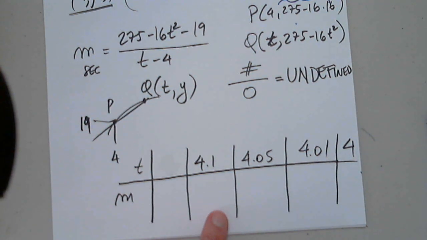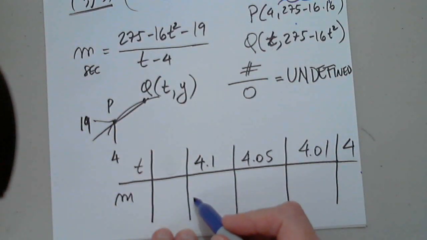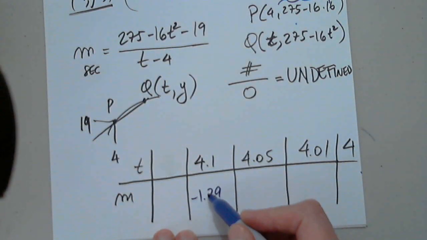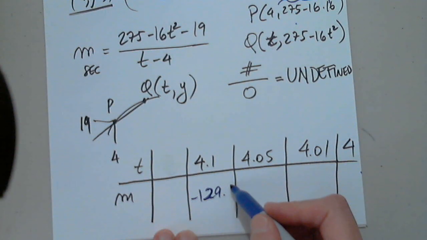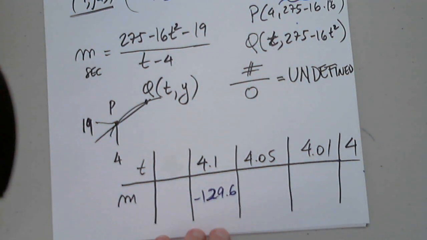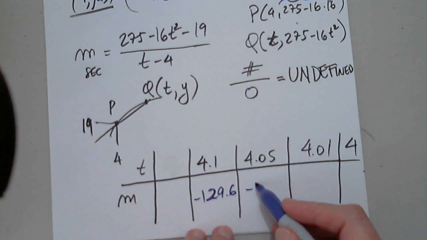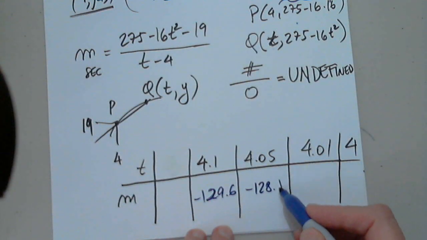So back to our answer. So the slope of the secant line is negative 129.6. The next one is negative 128.8.